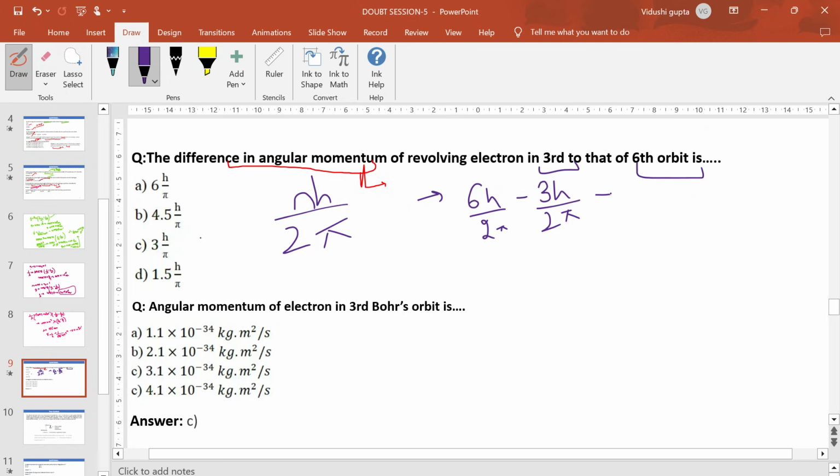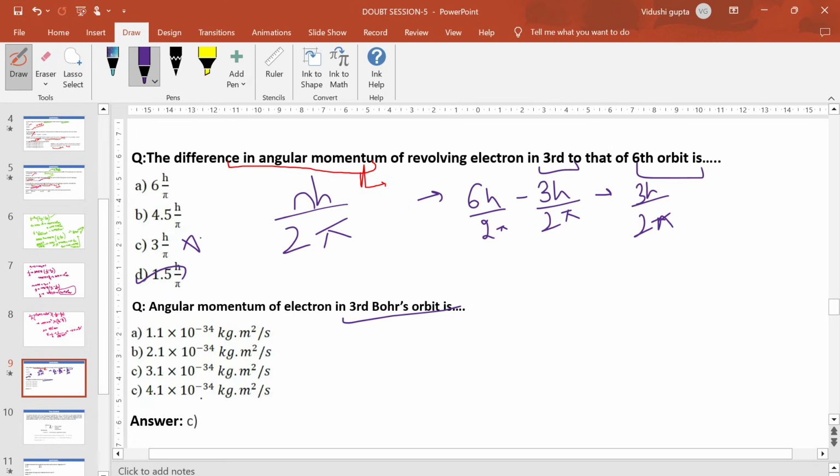So it will be 6h minus 3h, that is 3h upon 2 pi. But in the answer, if you see 3h by pi, it is not 2 pi. So we can eliminate this. Now 3 by 2 is 1.5. So it is 1.5 h by pi. Option D.